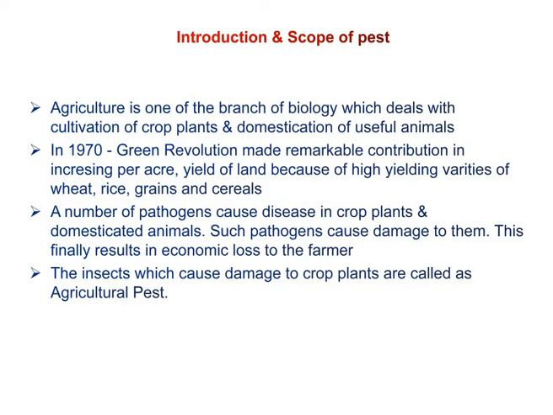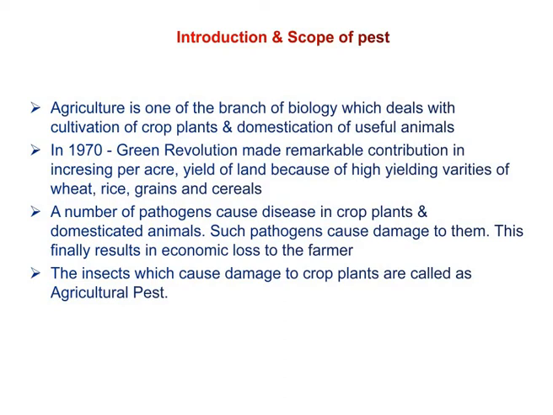Therefore, they are the greatest competitors of man in the struggle for existence. The insects which can cause damage to crop plants are called agricultural pests. In the present topic, we will study the various kinds of pests on a broad scale.